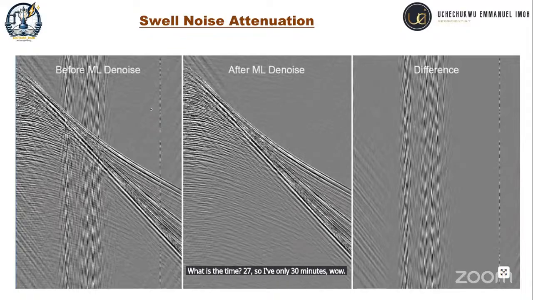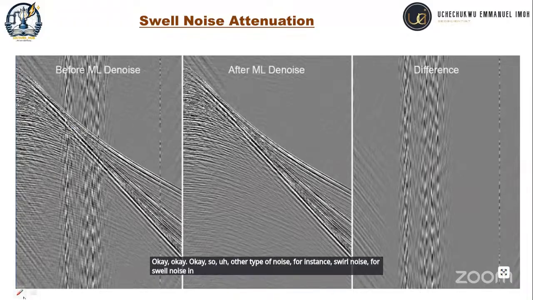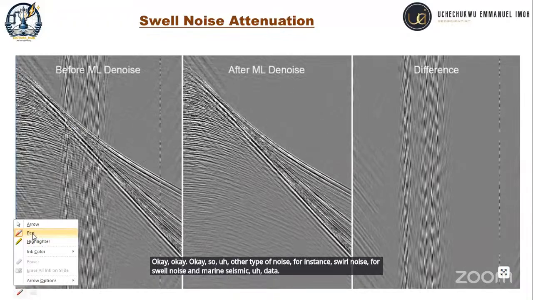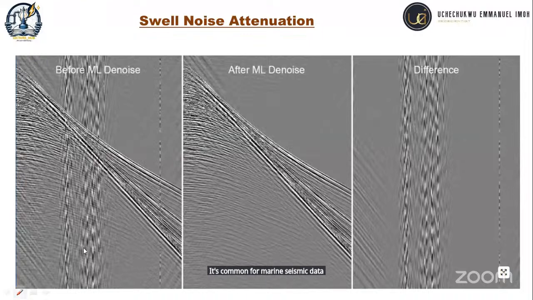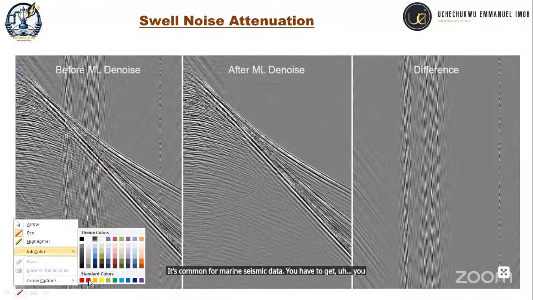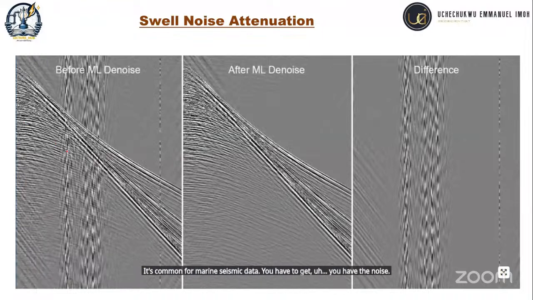So other type of noise, for instance, swell noise. Swell noise is common in marine seismic data. You have the noise in your data. You can see the hyperbolic shape of your signals trending this way within the data.